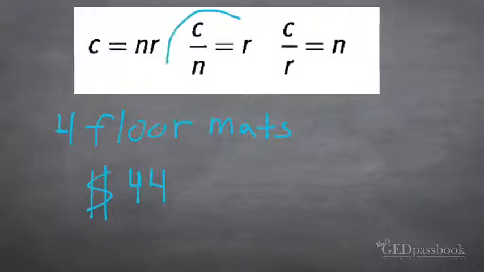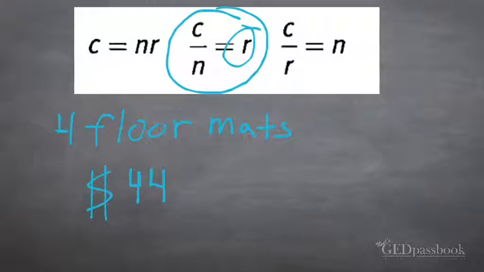Are you looking at this one? Yeah. So that's total cost divided by, does anyone remember what the N represents? The number of units. And that'll give you what? What does R represent? Price per unit. So perfect. That's the one that I'm going to use, right?